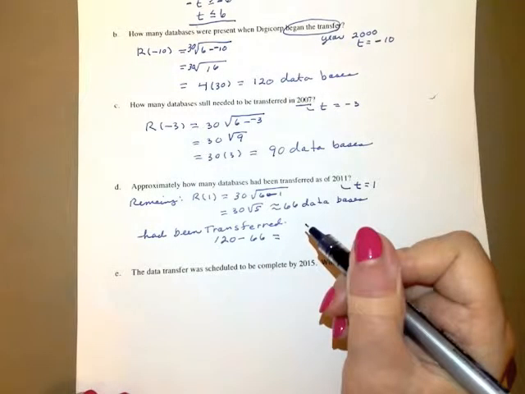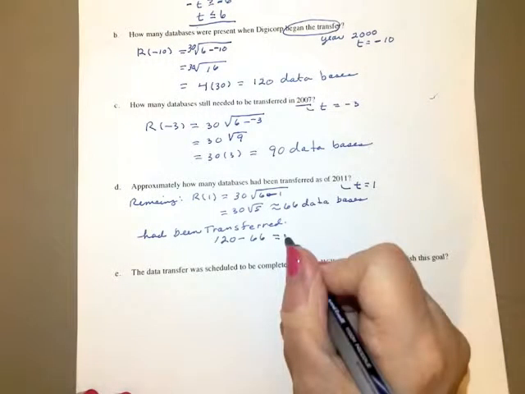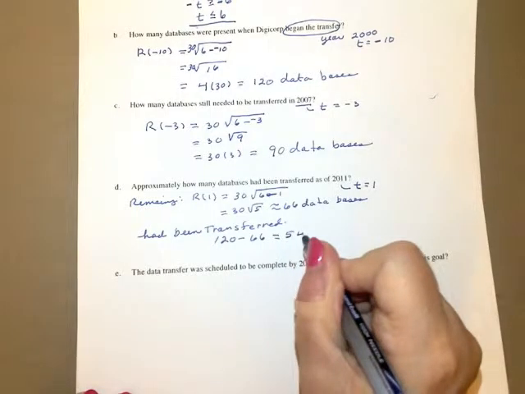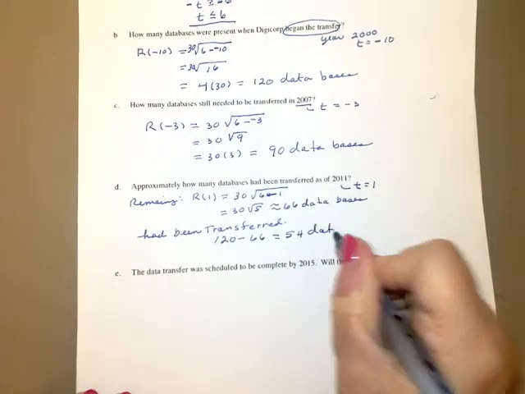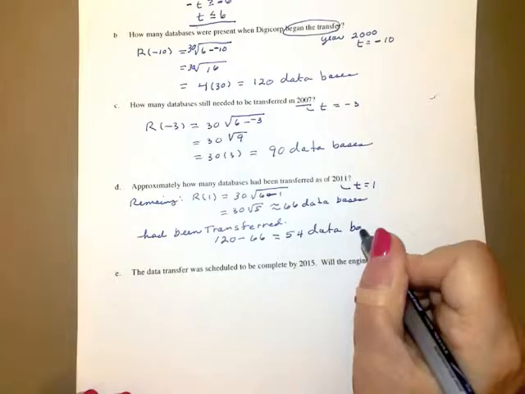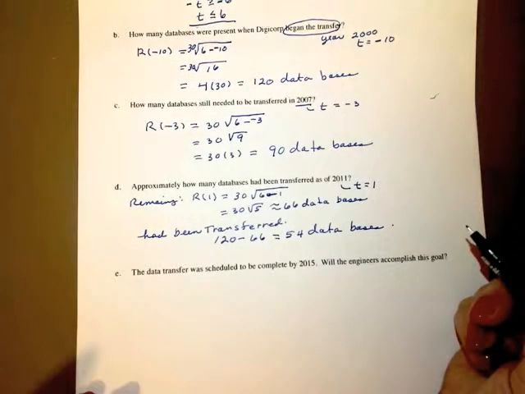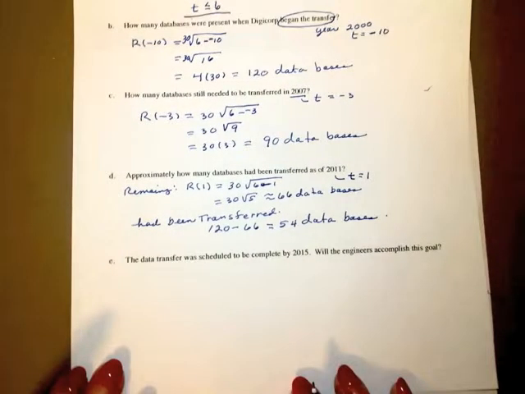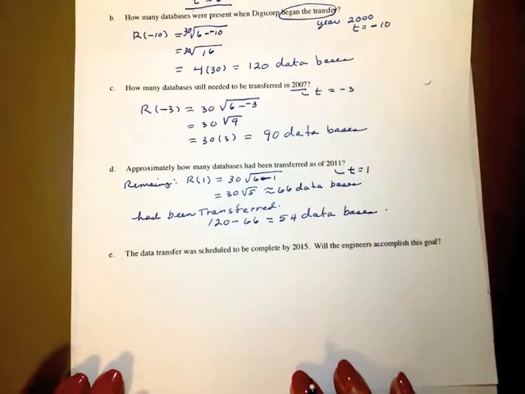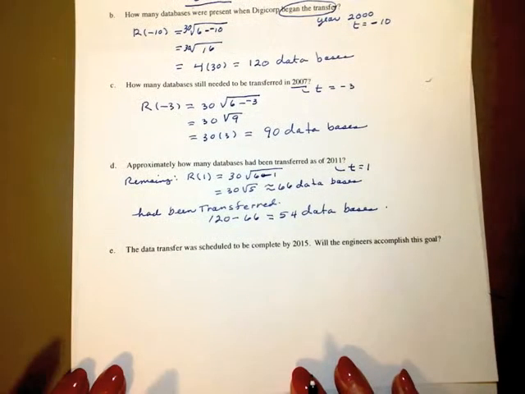So what has already been transferred is going to be 54 databases. So now it's kind of like thinking our way through the problem.